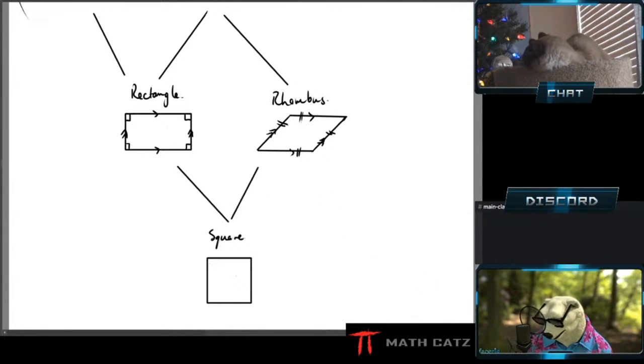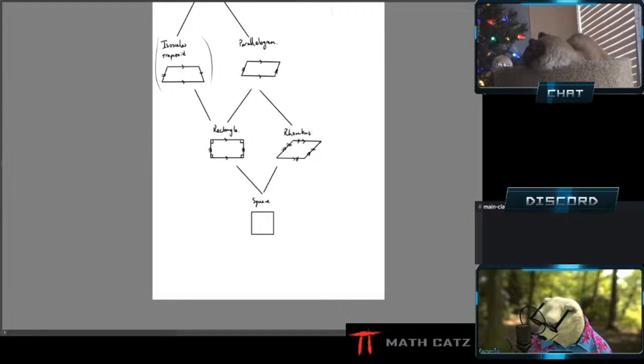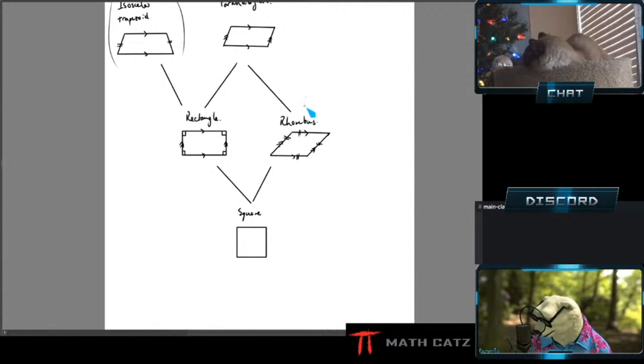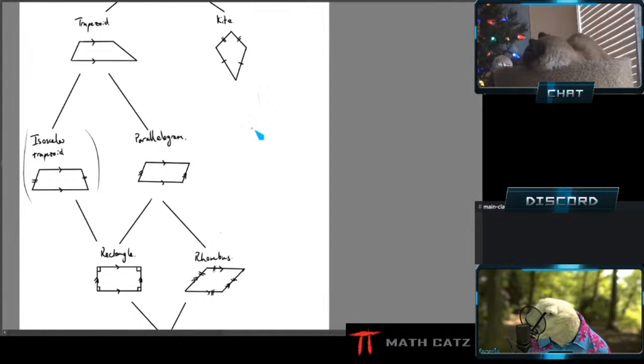Another observation I can make, let me zoom out a touch. Ooh, not that much. Is that the rhombus, because it has all equal sides, every pair of adjacent, of connected sides are equal, is a special kind of kite as well.